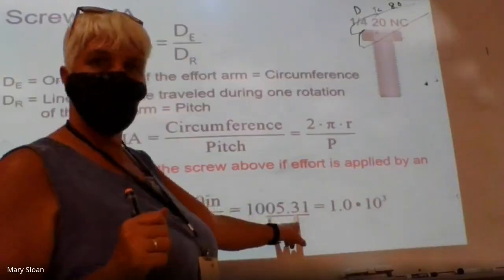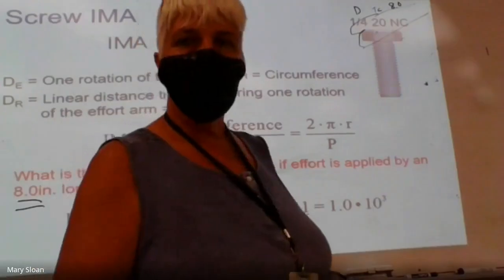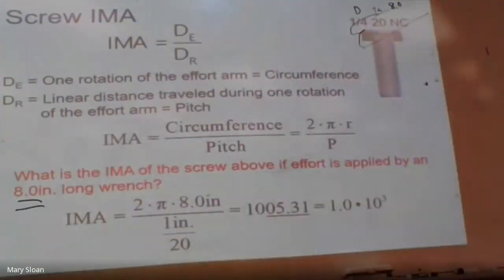Think of all these other numbers. What did you get? I got 1.0053096. So the only thing you did is round it to 1.0 times 10 to the third power. You got the right answer, right?